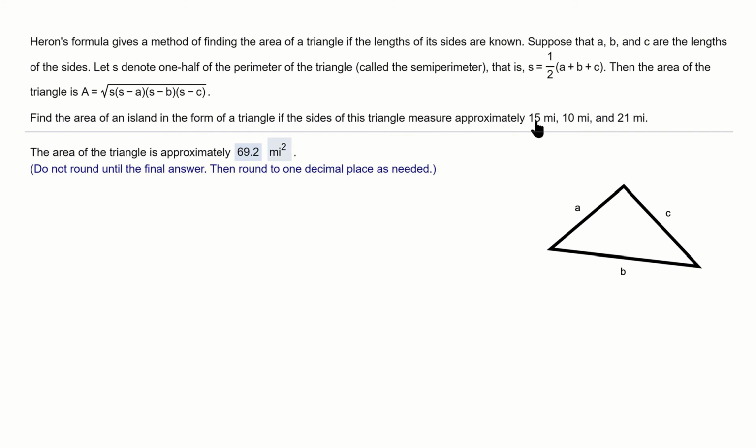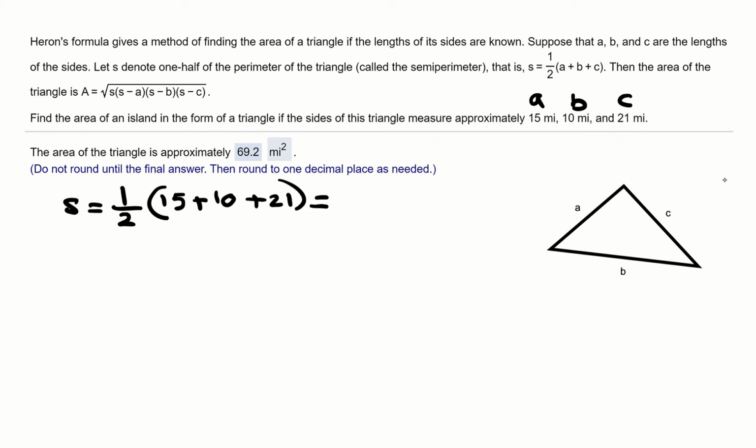Here we're given sides 15, 10, and 21. We can just think of those as A, B, and C. So we're going to go ahead and calculate S, which is going to be 1/2 of A, which will be 15, plus B, which is 10, plus C, which is 21.